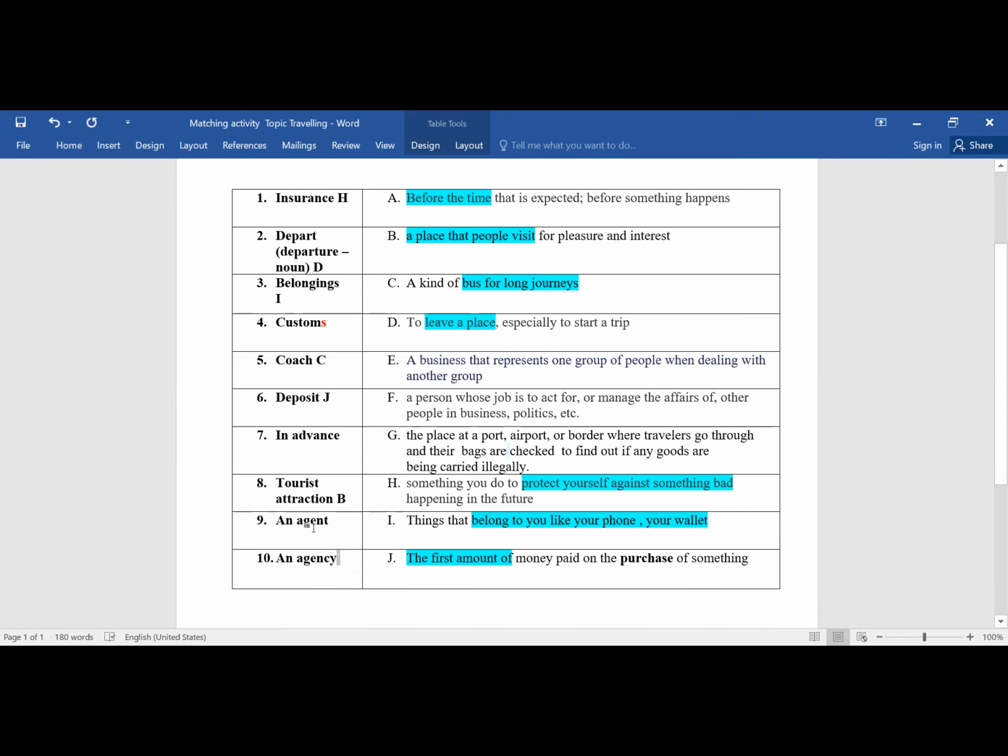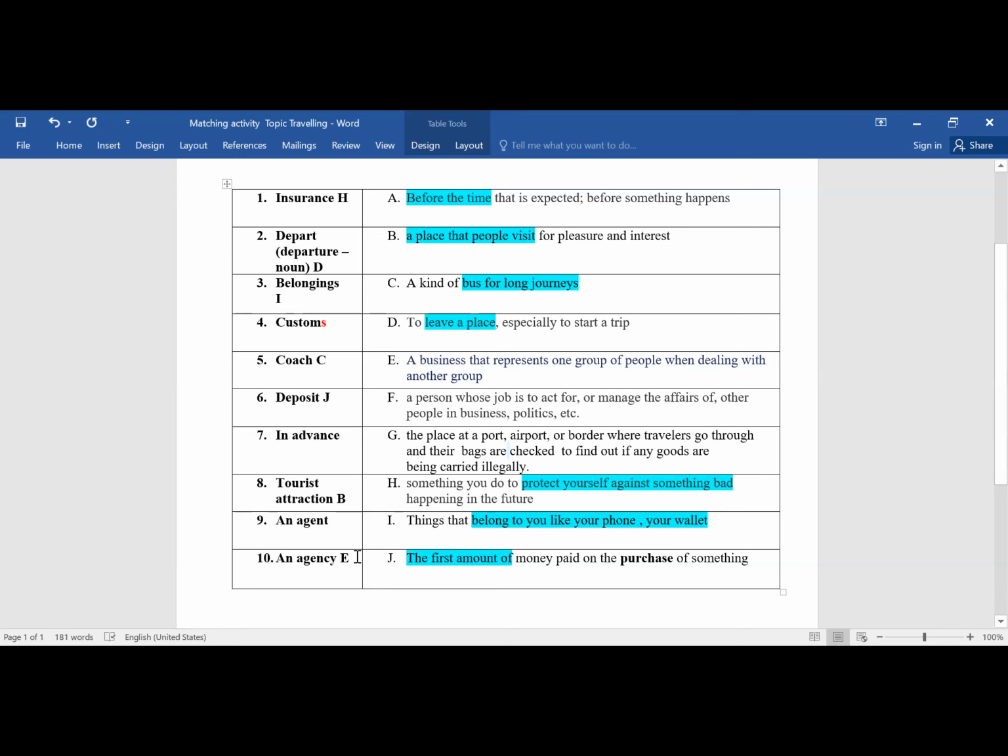Yes, I know that these two words are very confusing, and many students find it hard to tell the difference between the word agent and agency. Let me help you out. An agency is a business that represents another company or another group.